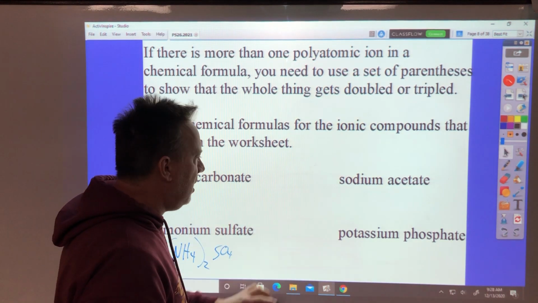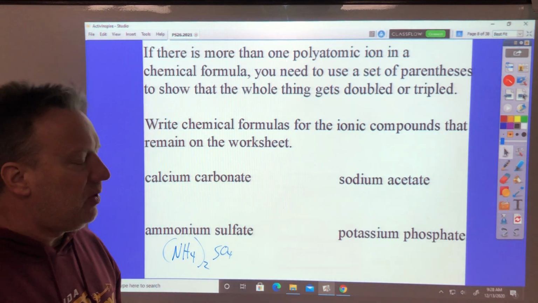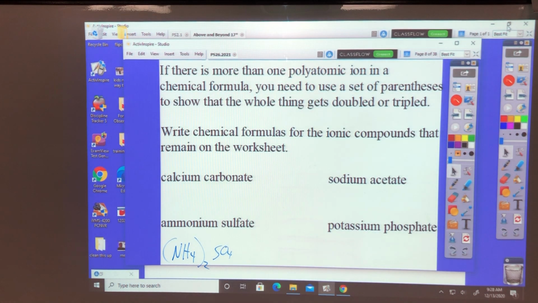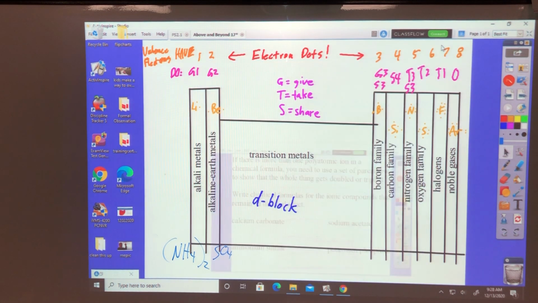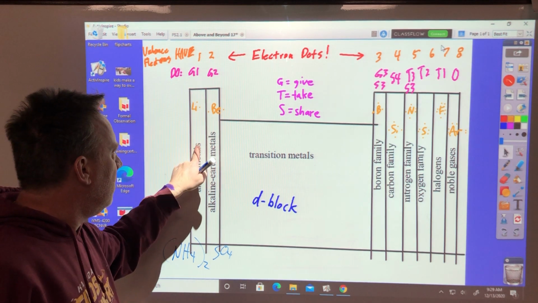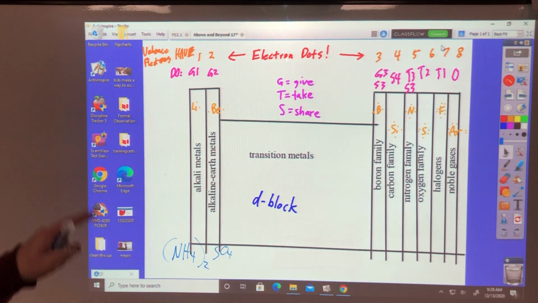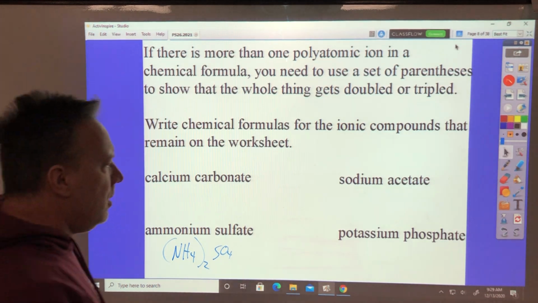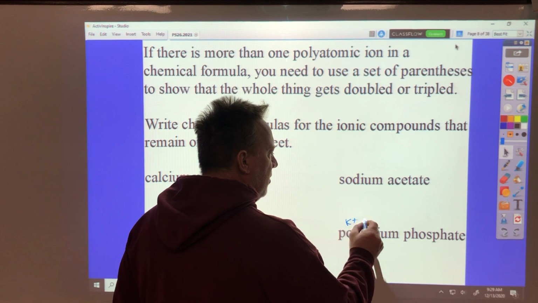And the last one is potassium phosphate. Potassium is here, a couple spots under lithium, giving 1. So it's K positive.